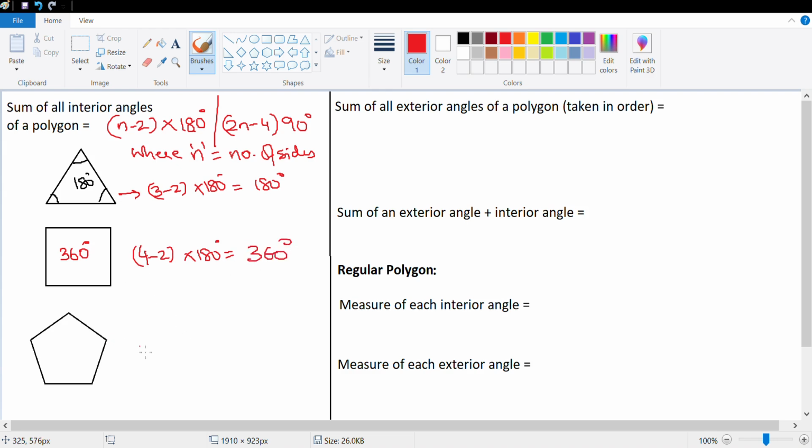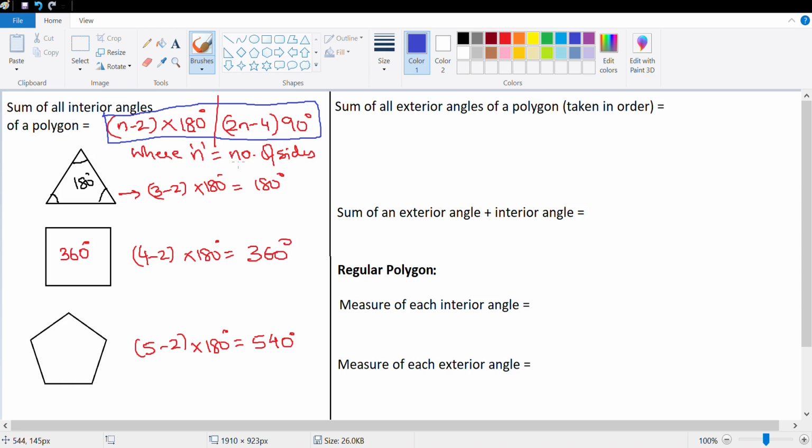In case of a pentagon, 5-sided, n is 5, so 5 minus 2 into 180 degrees, which is 3 into 180 degrees, which is 540 degrees. I hope this is clear to you. One of the most important formulas for this chapter is (n minus 2) into 180 or (2n minus 4) into 90, whichever way you want to remember.